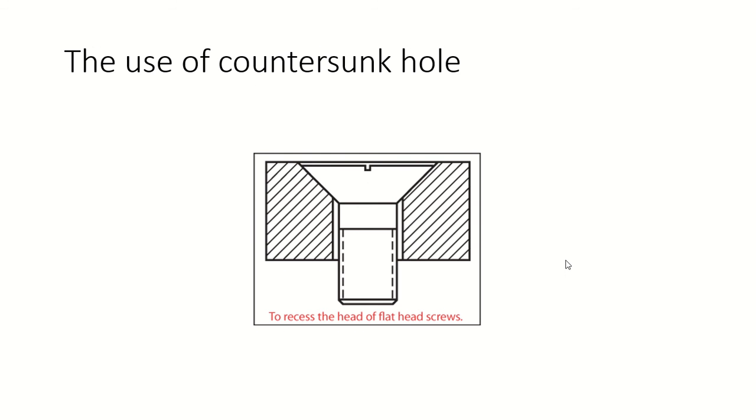So we use the countersink hole. This should be countersink actually. Sometimes we call it countersink all the time. So anyways, a countersink hole is like this, and we use it to recess the head of a flat head screw. So instead of the bolt for a counterbore, you use a screw for a countersink.